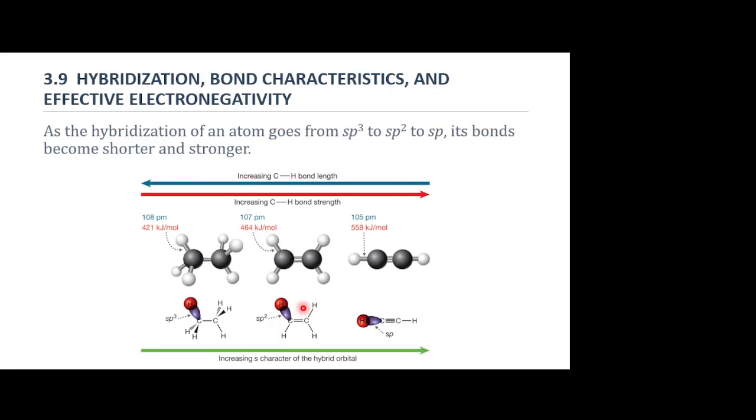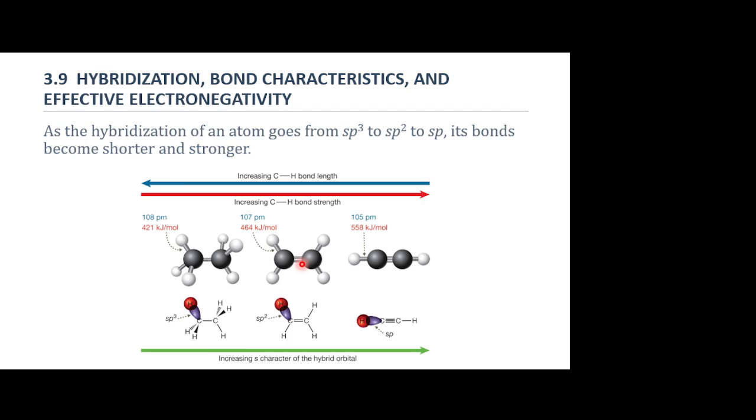Okay, so as the hybridization of an atom goes from sp3 to sp2 to sp, the bonds are going to become shorter and stronger. So what we're going to see here is more and more s character, right? Where do those electrons typically lie in terms of s character? Closer, don't they? And so as you get more and more s character, you're pulling that more and more towards the nucleus, okay?